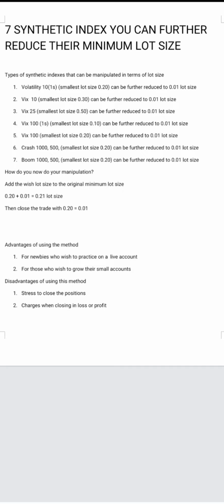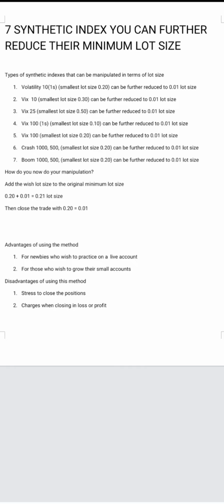I want to further reduce that 0.20 to maybe 0.10, 0.09, 0.08, down to 0.01. So that is the addition. The original lot size, which is the minimum lot size, is 0.20. I'm going to add that particular lot size I wish to trade with. So I wish to trade with 0.01, I'm going to add 0.01 to 0.20.